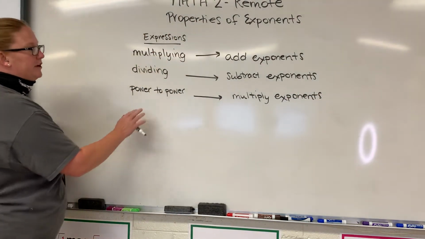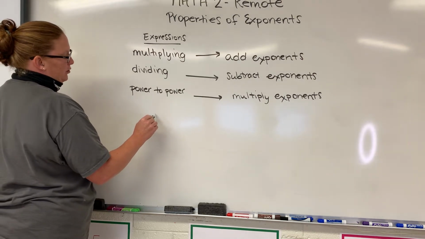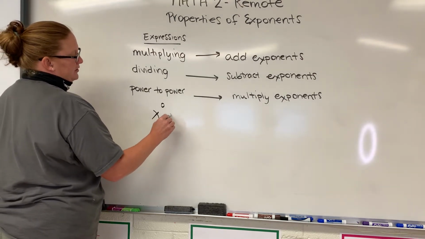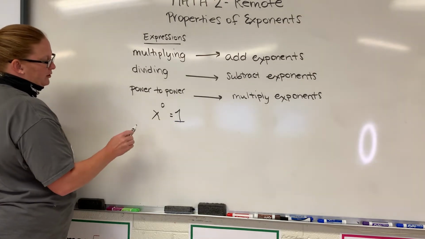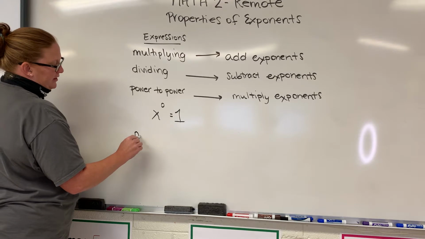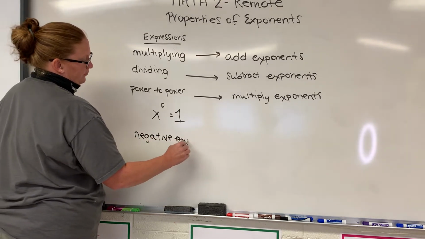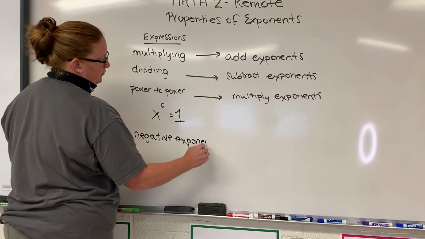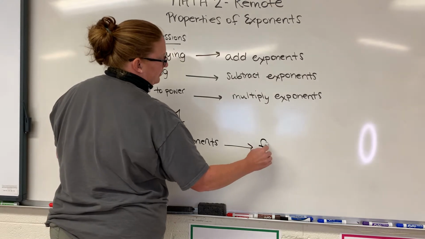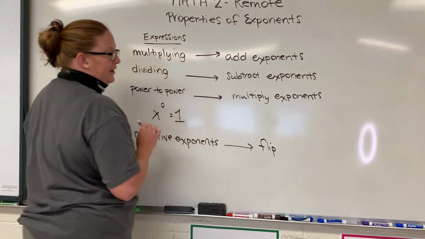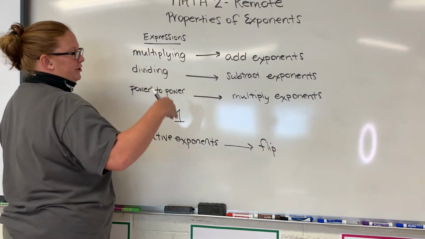Okay, so another easy property to add to this is anything raised to the 0 power is equal to 1. And then we'll also talk about negative exponents. What those do is they flip the base to either the numerator or denominator.